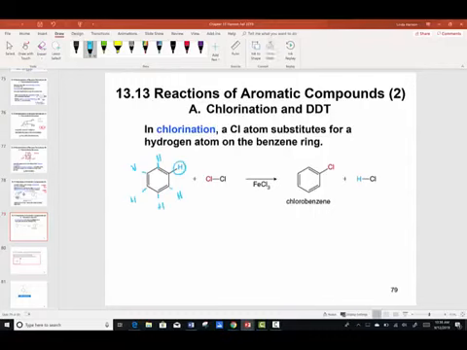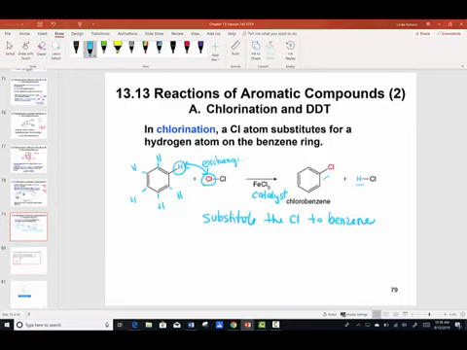We select just one of them and take the chlorine, which is in the first position here, in the presence of our catalyst, and we exchange places with the hydrogen and the chlorine, and we substitute the chlorine to the benzene ring. And we end up with a chlorobenzene and an HCl. Notice we're just exchanging places.